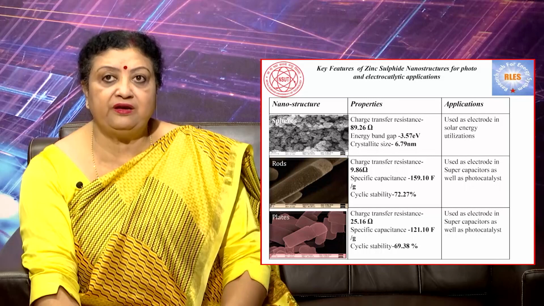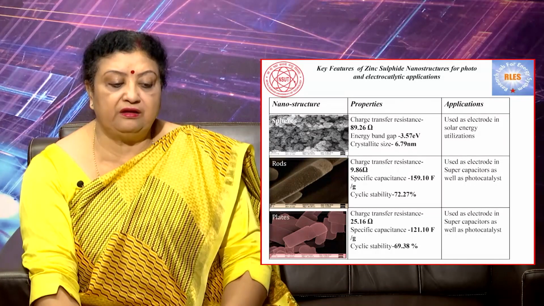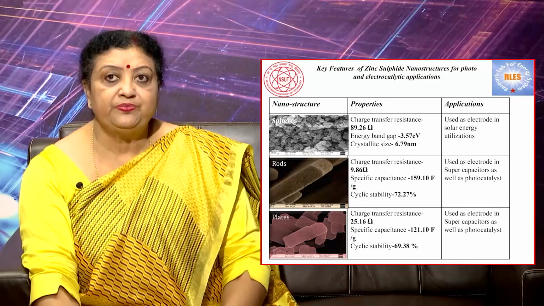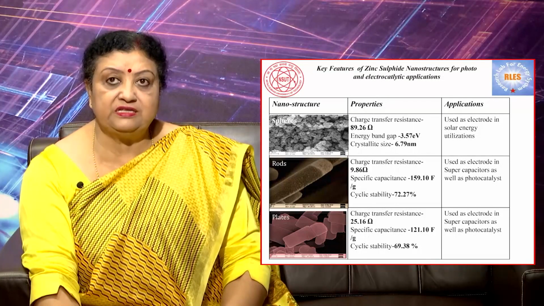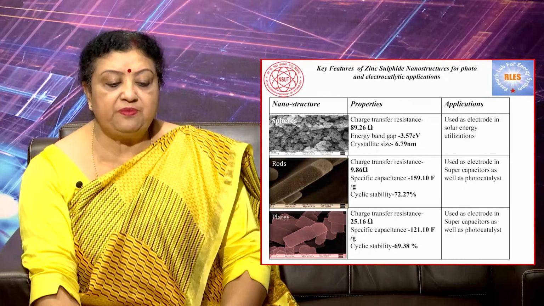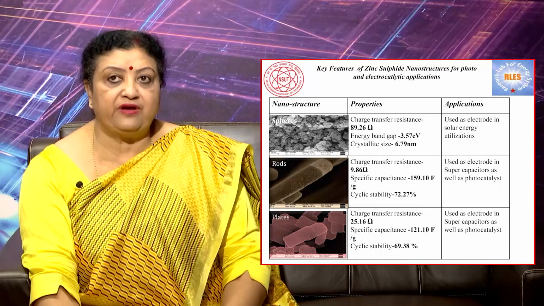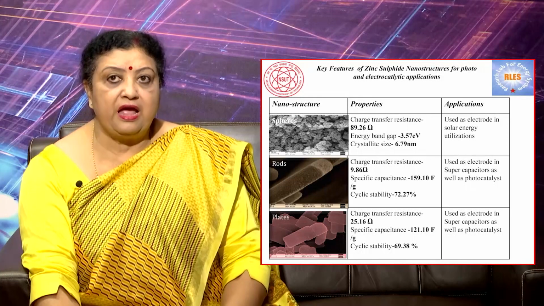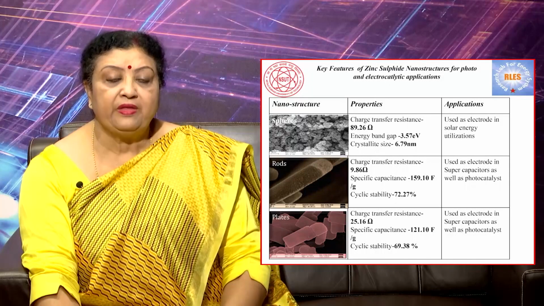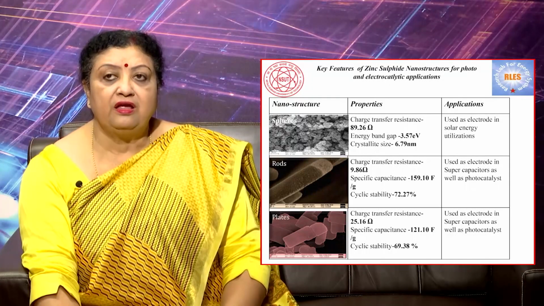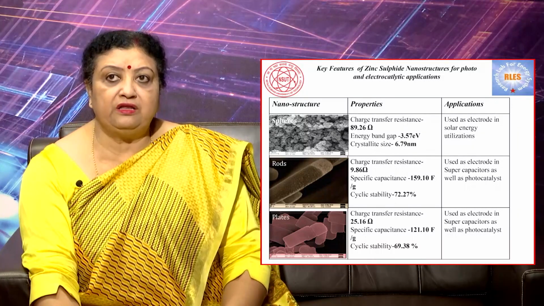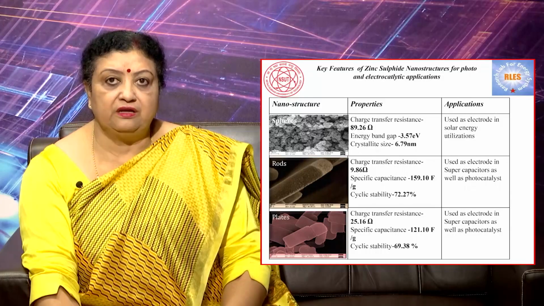For the nanospheres of ZnS nanostructures, the charge transfer resistance is 89.26 ohm, energy band gap 3.57 electron volt, and the crystallite size is 6.79 nanometers, and the potential application is as electrode in solar energy utilization.